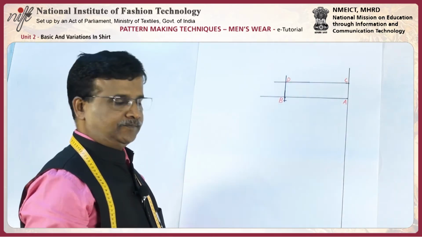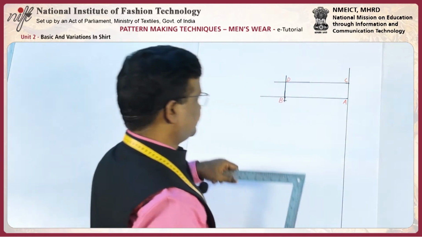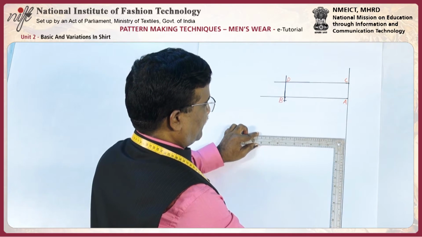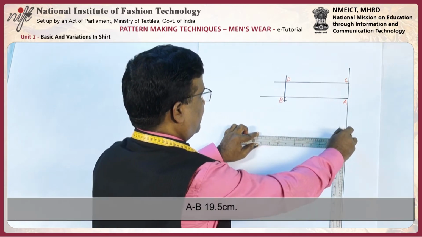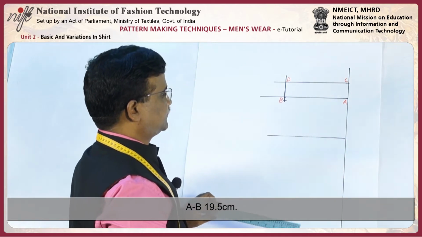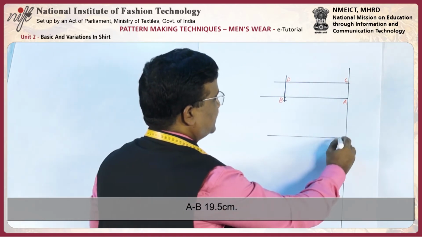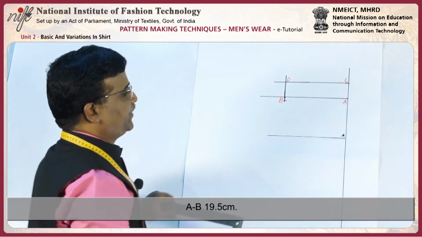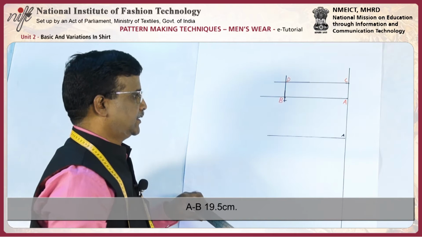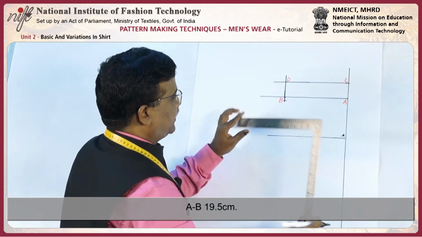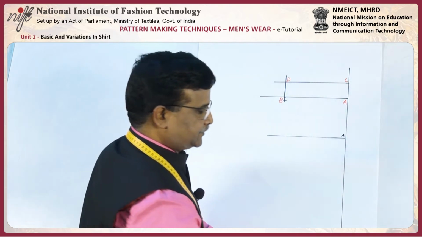Drafting shirt collar. Draw a perpendicular line and label this as A. A to B to be half neck, 19.5 centimeter.